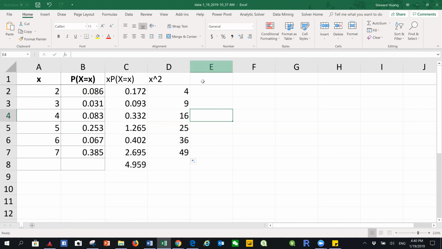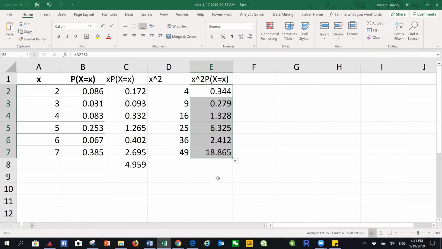And then x squared times P(x), this times that, and then you make copies. It should work.